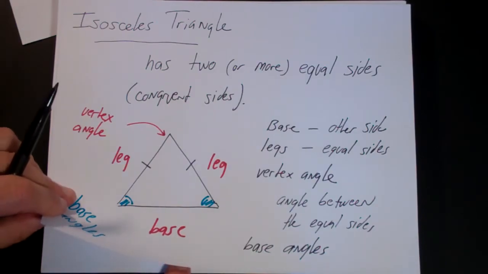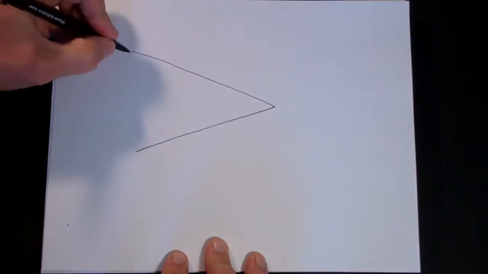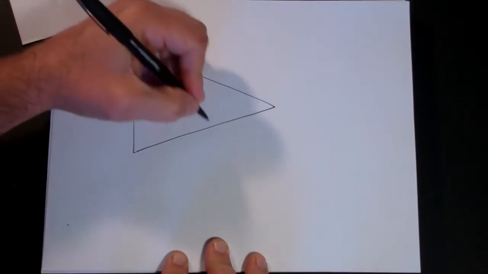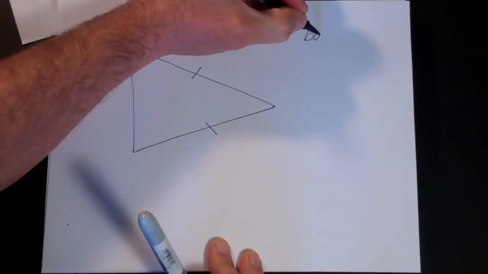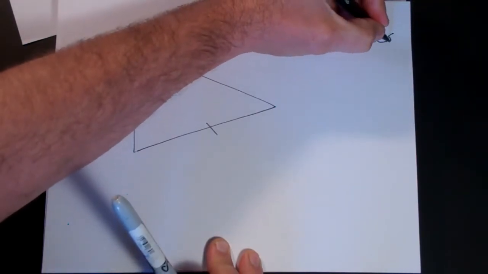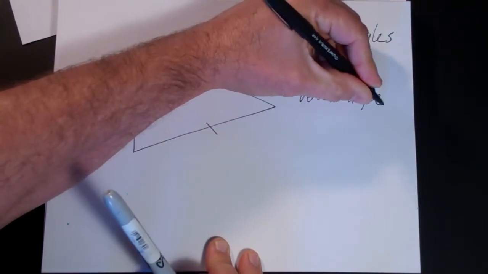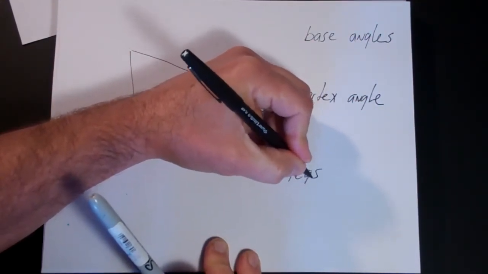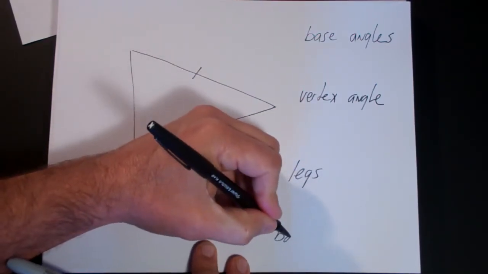What's real important when we're doing a problem like this is that this is commonly the way the triangle is drawn. It doesn't necessarily matter how it's drawn. If these two sides are equal, let's identify the base angles, the vertex angle, the legs, and the base.